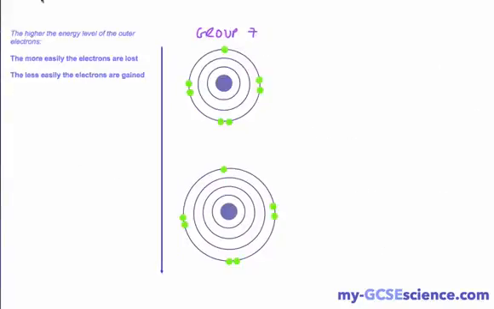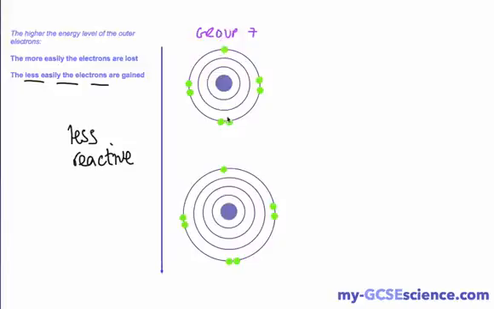Now, if we were to focus in on the group 7 elements, remember, as you go down, they become less reactive. That means the higher elements in group 7 are more reactive than the lower elements, and we have to use this idea that the higher the energy level of the outer electrons, the less easily the electrons are gained.